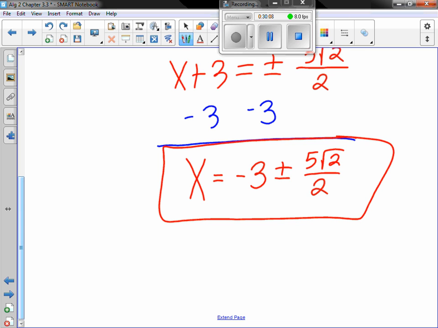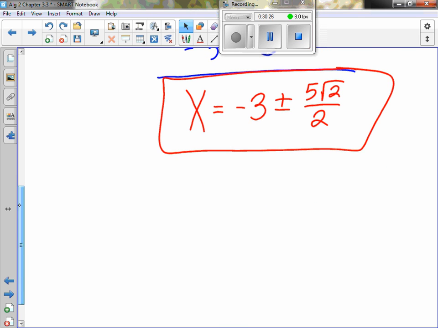Now, the numbers that we end up adding or subtracting or multiplying and dividing at the end are going to go in front of the plus or minus. Because really what we have here is two separate statements.